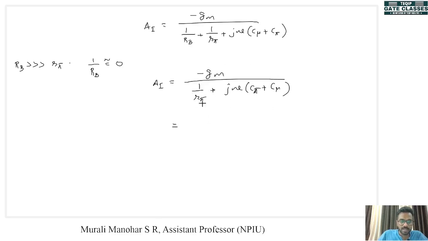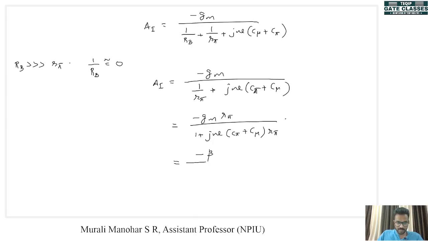Now R pi can be multiplied here, so this becomes minus GM into R pi divided by 1 plus j omega C pi plus C mu into R pi. Now this GM into R pi becomes beta, so this is minus beta divided by 1 plus j omega divided by omega h, where omega h is equal to 1 by R pi into C pi plus C mu.